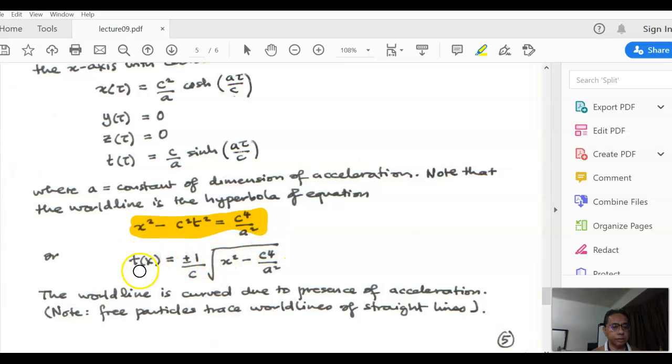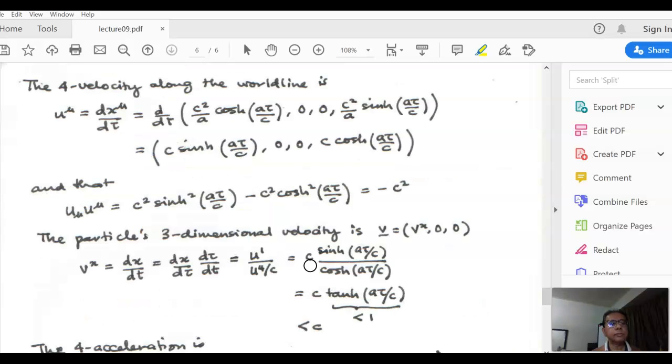So basically the time coordinate will be a function of x in this particular case. Let's do the forward velocity. So you take the derivative with respect to the proper time. You know how to differentiate the hyperbolic cosine function and hyperbolic sine function. So it gives you that.